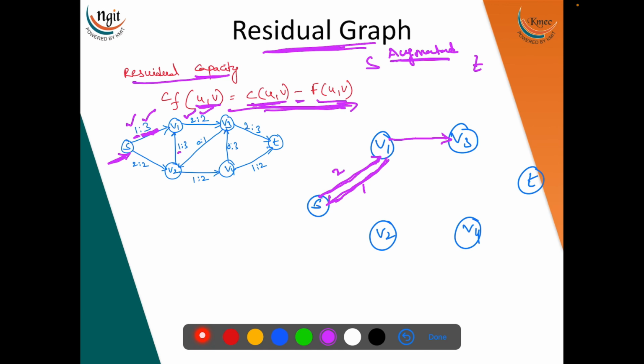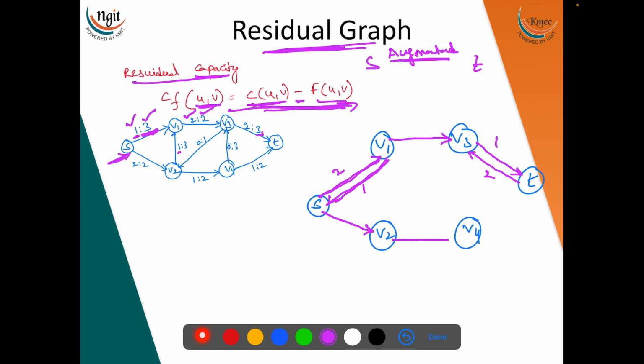Now come to V3 to T. What is the residual capacity? 3 minus 2, it is 1. And the maximum capacity is 3, so there will be another path traveling from T to V3, which is 2. Next, we'll see all the other vertices the same way. S to V2: 2 minus 2 is 0, so there will not be any opposite path.